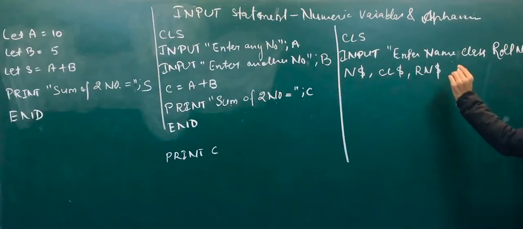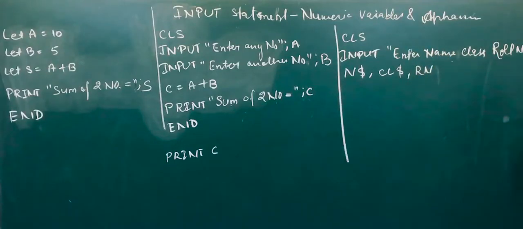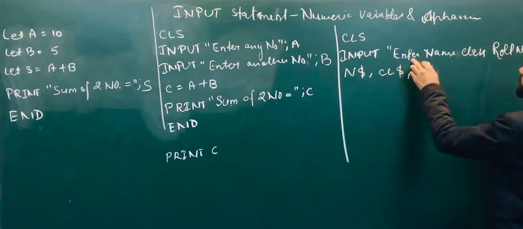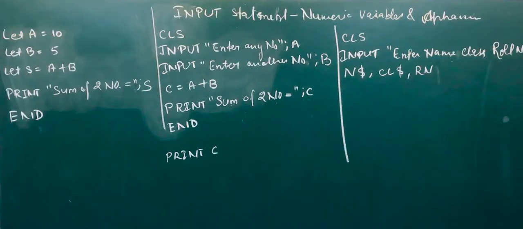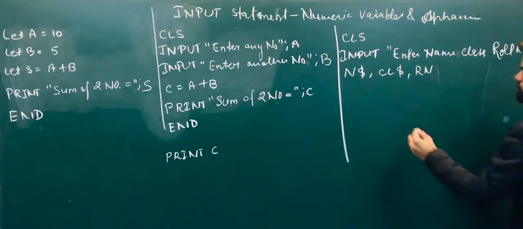Roll numbers are only integer numbers, so there is no need to write the dollar sign. Name is stored in variable N dollar, class in CL dollar, and roll number in RN. So how will we write the next thing?